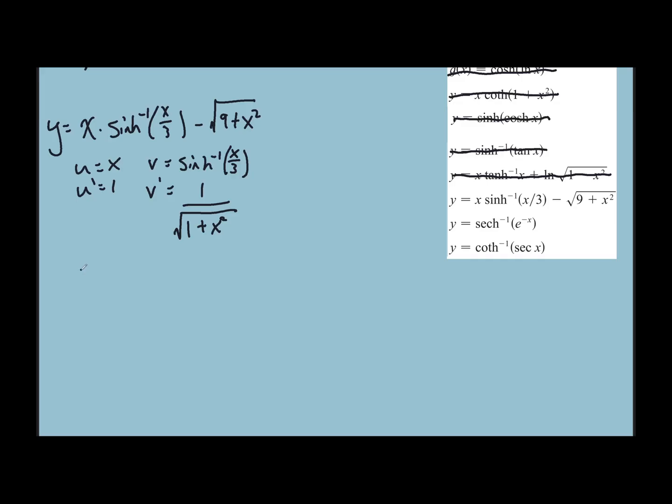So u prime v, that's going to be, right, y prime equals, just to be complete, 1 times hyperbolic arc sine of x over 3 plus v prime, 1 over the square root of 1 plus the input, which is this, x over 3 squared, but then chain rule, times the derivative of the inside here.